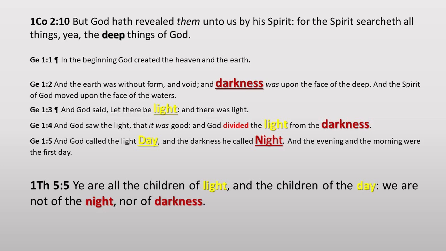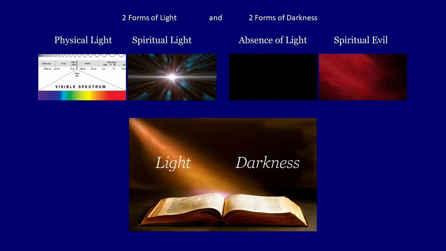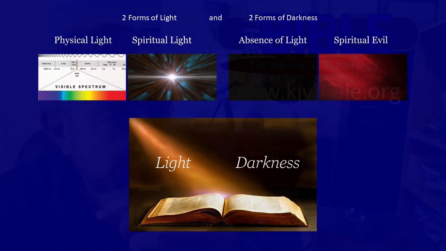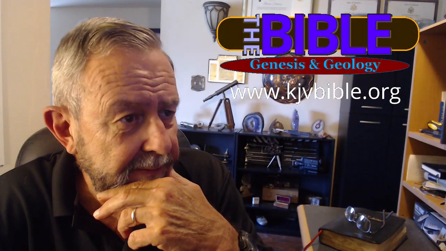So we then established that there are two kinds of darknesses and two kinds of light in the creation. There's physical light, but there's also spiritual light that comes from the holiness of God. And there's an absence of light, which is physical darkness, and there's spiritual evil, which is a darkness. And this is what we're dealing with in the early part of the book of Genesis.